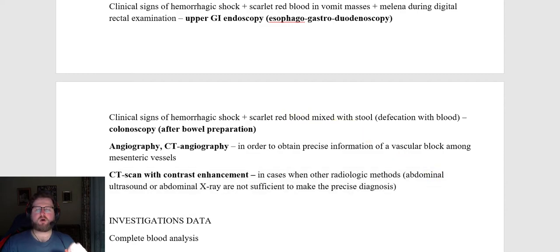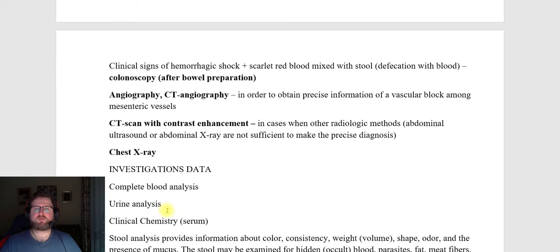Next, what we obviously need to do for this patient is examine his chest. And for chest examination, we definitely need to perform an X-ray. You might ask, why should we perform a chest X-ray for a surgical patient?